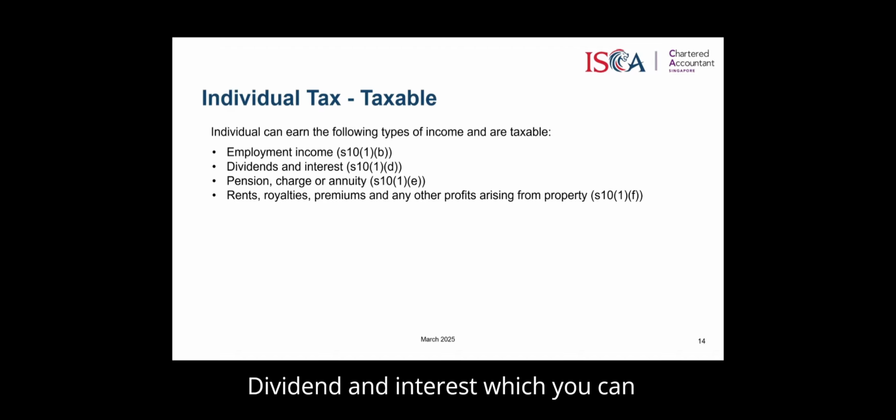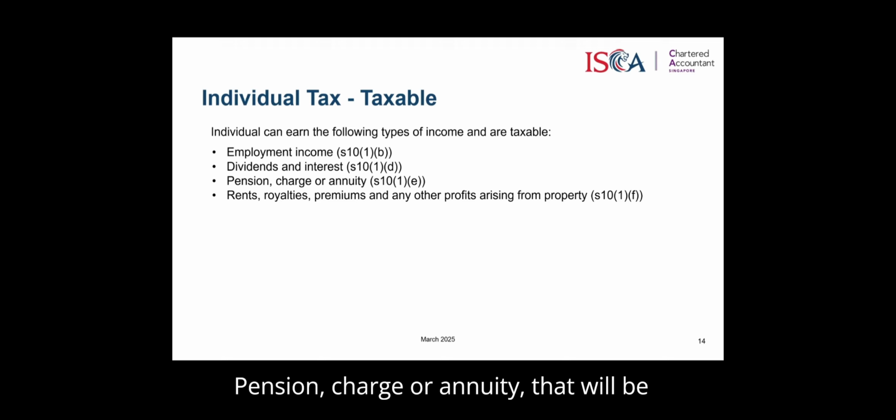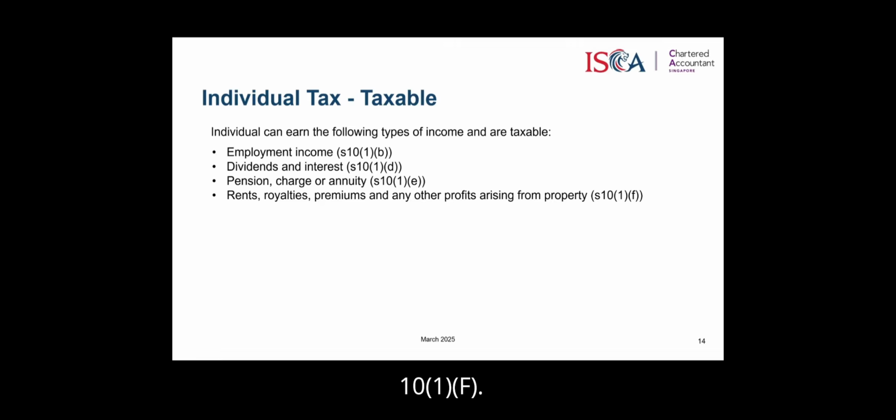Dividend and interest, which you can earn either from investing in shares of companies or receiving interest from bonds and debentures that you own, that will be under Section 10(1)(b). Pension, charge, or annuity, that will be Section 10(1)(e), as well as rent, royalties, premiums, and other profits arising from property, that will be 10(1)(f).